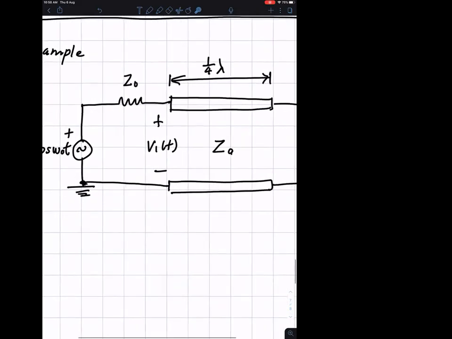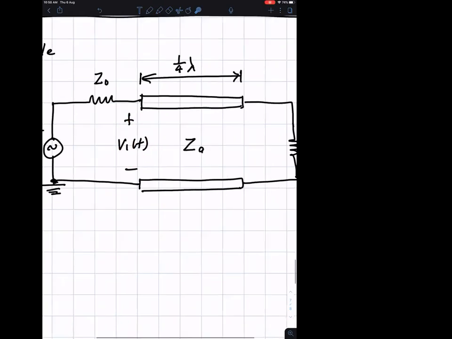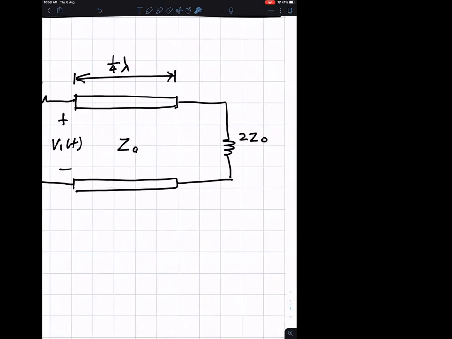And then you have the source impedance Z naught and the input voltage looking at the beginning of the transmission line is V1T. The length of the transmission line is quarter wavelength. And the characteristic impedance here, let's say you call this ZB or something. You don't know what it is.